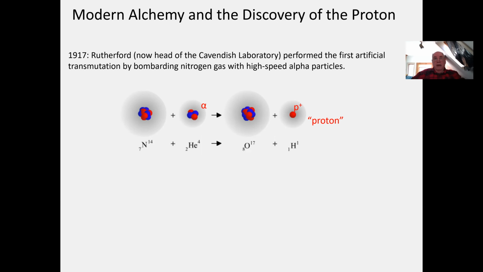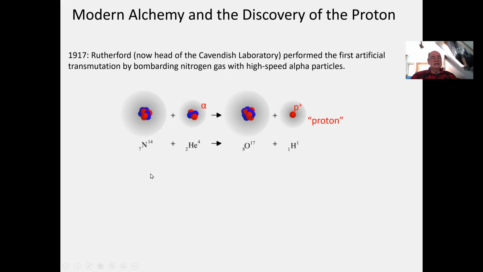Oxygen is just being made out of nothing, because he's starting with pure nitrogen and only shooting helium nuclei through it, and all of a sudden he has oxygen and these high-speed single positive charges. And this is the equation he writes down.